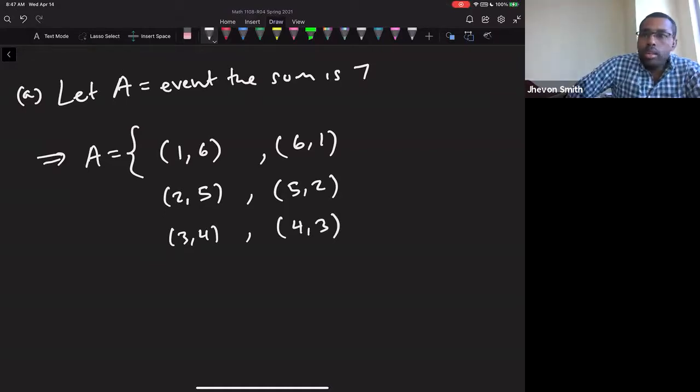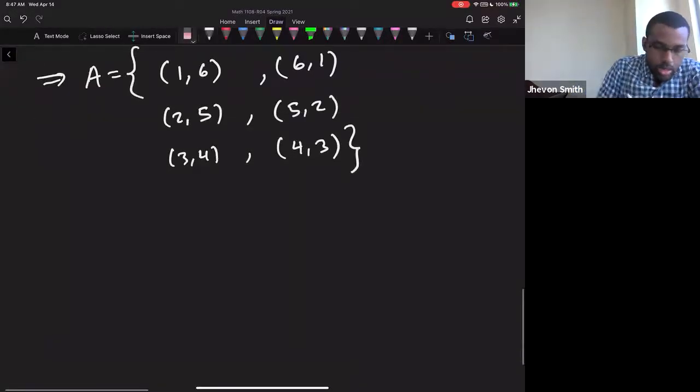Any other? If I increase die 1 to 4, then die 2 would have to be 3, and I already have that. Increase die 1 to 5, die 2 would have to be 2, I already have that. Increase die 1 to 6, die 2 would have to be 1, I already have that. This is it, right?